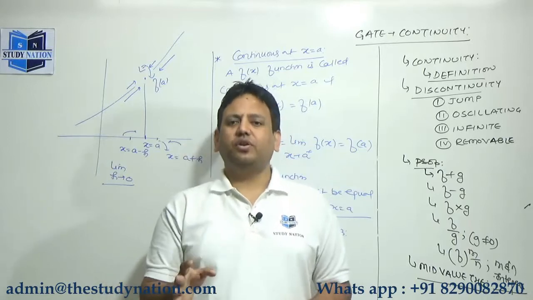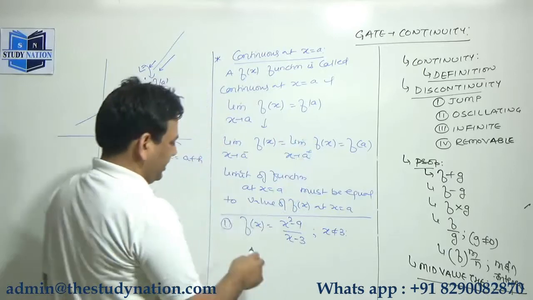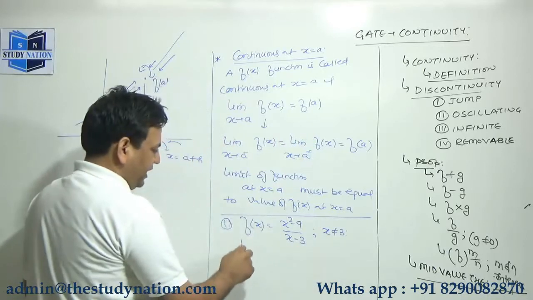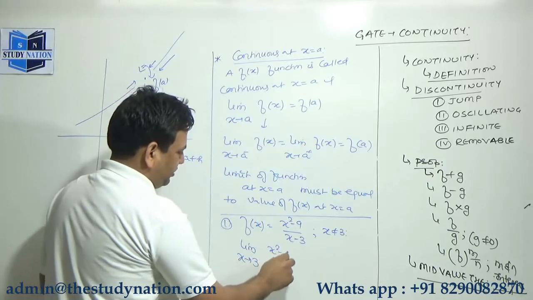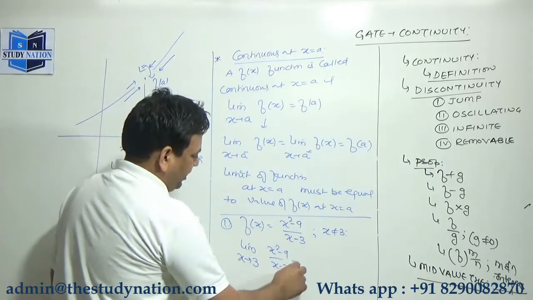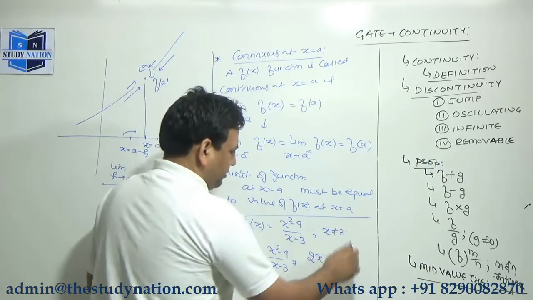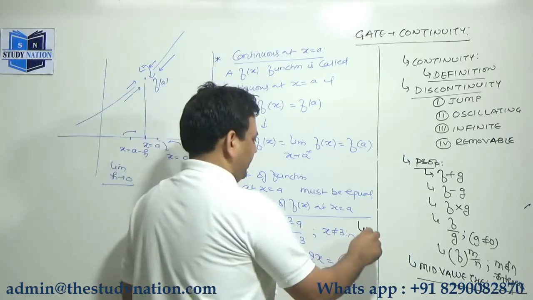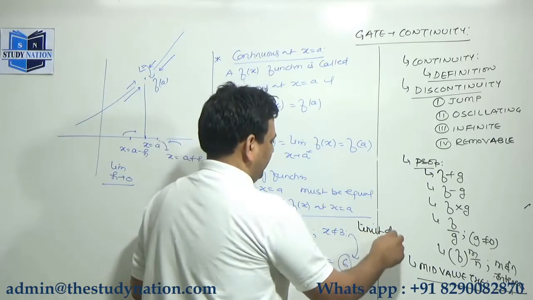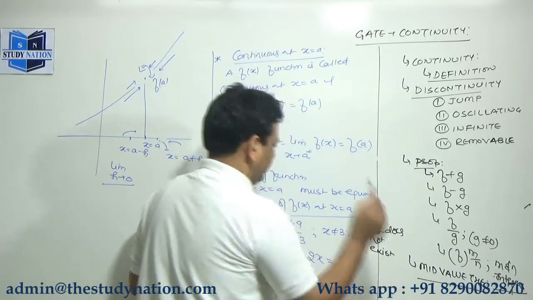Because if the function is not defined, we cannot check continuity. So this is the first case. If we take the limit as x goes to 3 of (x square minus 9)/(x minus 3), using L'Hopital's rule, this is 2x, which is equal to 6, but the function is not defined, so we will say the limit does not exist. So this is case 1.